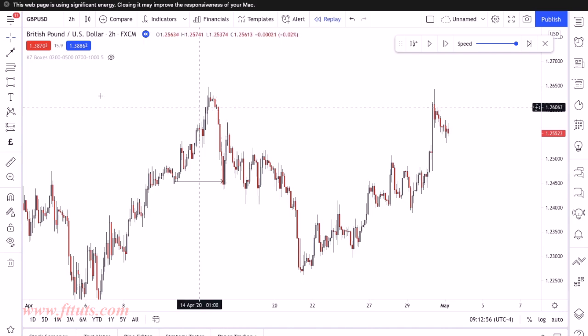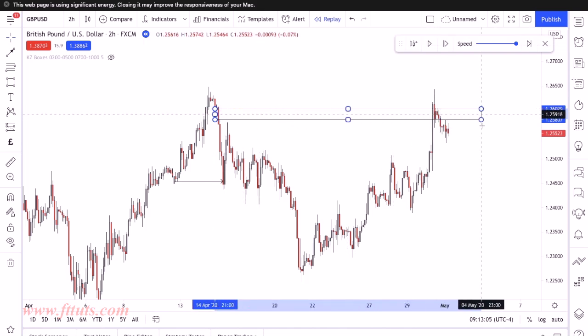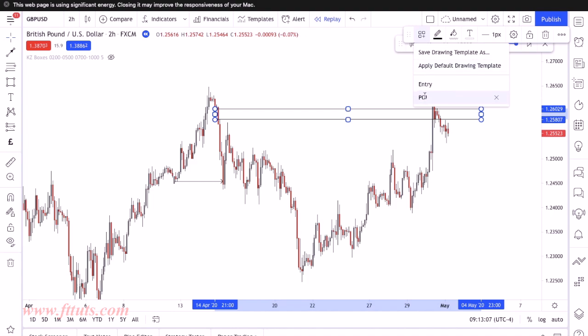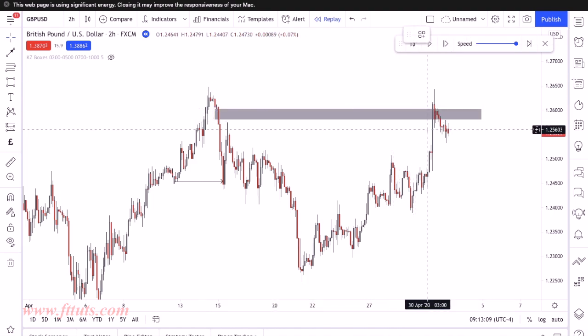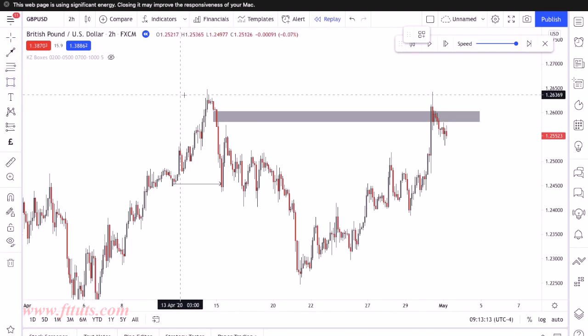Look, we have this imbalance right here, right? That imbalance is now filled. And what can we identify? Right here, an area of supply. We have a rally, we have a base, we have a drop which broke structure, right?